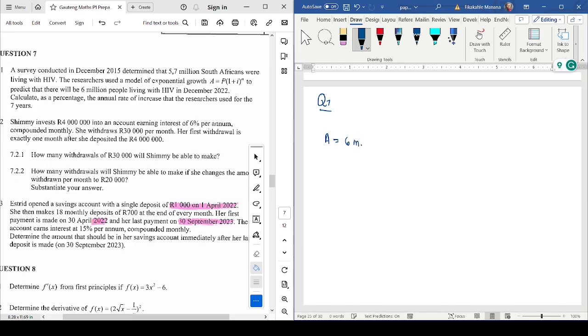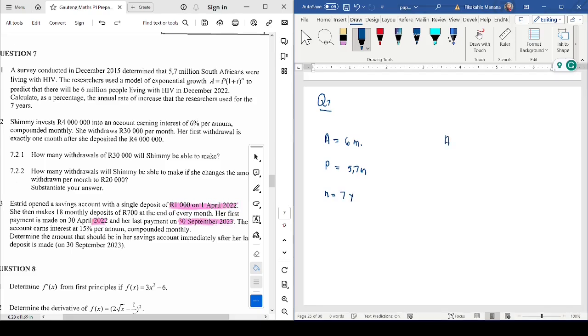I'm just going to say 6M. Initially we had 5.7 million. We want the annual rate of increase as a percentage, and for n we have 7 years.